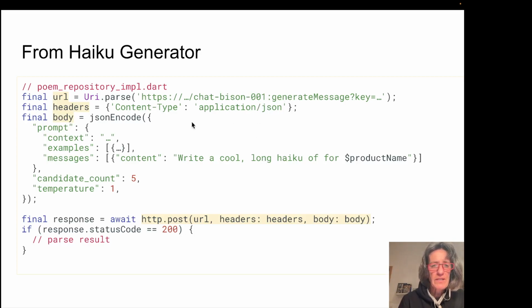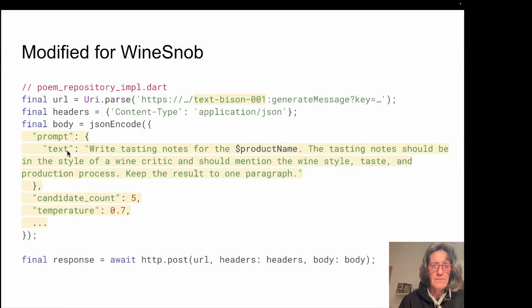Yeah, so this is basically where we need to drop our new code in. If we want to modify this for our WineSnap example, we need to change the URL. In this case, I used text bison because that was the PaLM API. For Gemini, this line would be different.